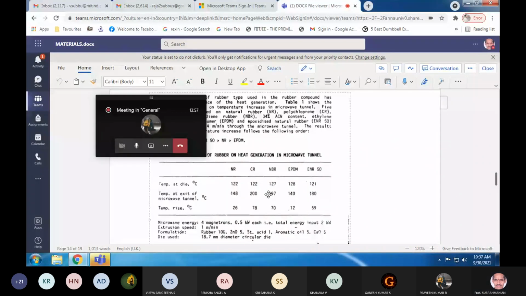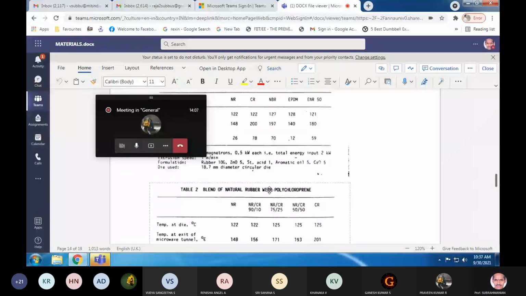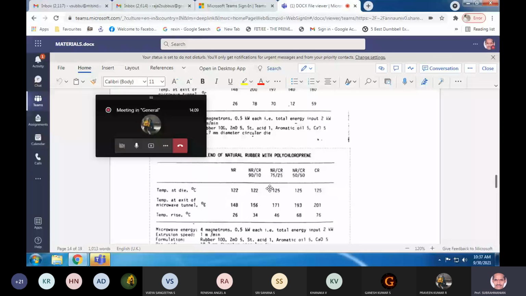Right. And the second table describes the comparison between NR and CR and their blends.